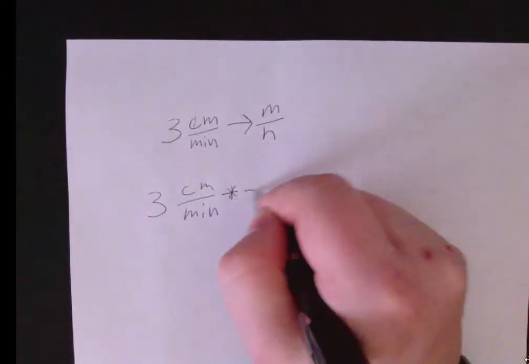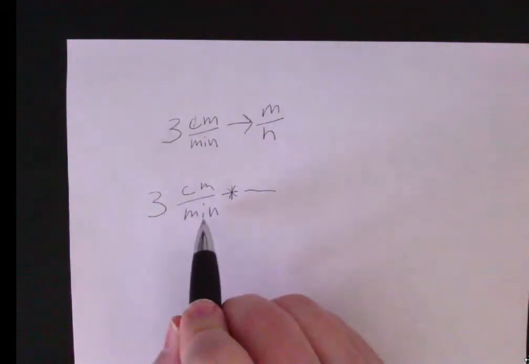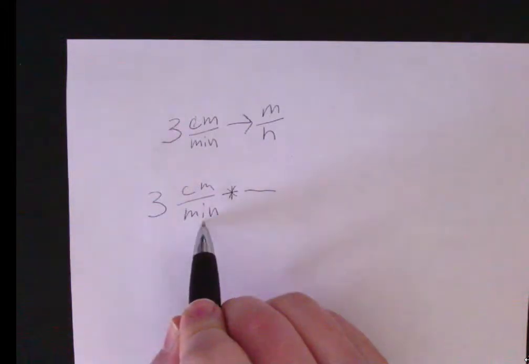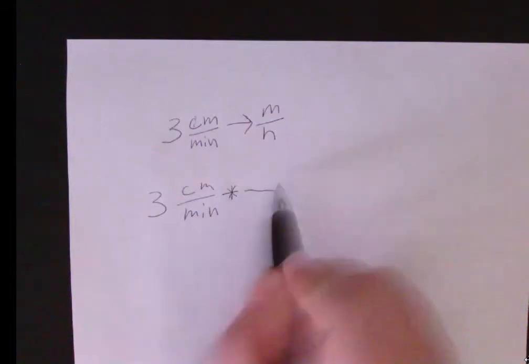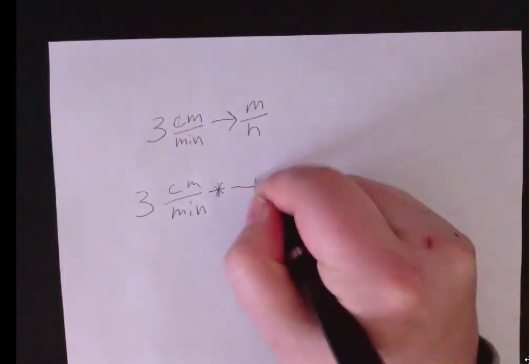I'm actually going to multiply this by a fraction. But the first thing I want to do is get rid of that minute and put in hours. To cross off this minute, which is like dividing by minutes, you want to multiply by minutes so that these two units cancel out. So we're going to have minutes up here.